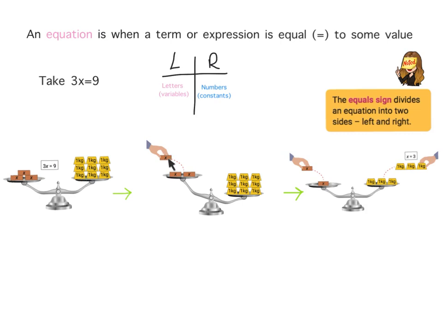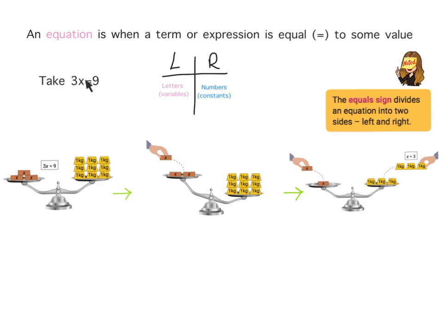If we take away one x, we must remove 3 of the 9 kgs. And same over here, if we're removing another x, we must remove another 3 kgs. So when we're left with it, we can see that 1x is equal to 3 kgs.